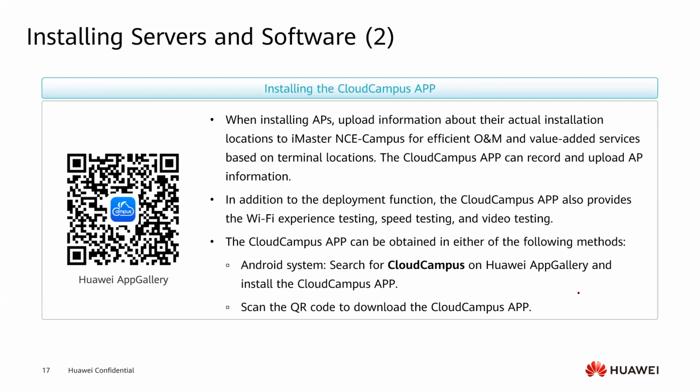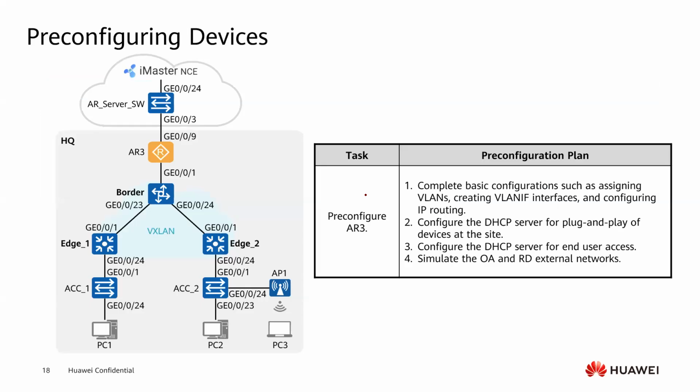And if you need to think about how to establish the WLAN network, you can also download the Cloud Campus app on your mobile phone, and with this app you can easily maintain the WLAN network, and it provides some special functions such as Wi-Fi experience testing, speed testing, and video testing. And this is only for the WLAN network.